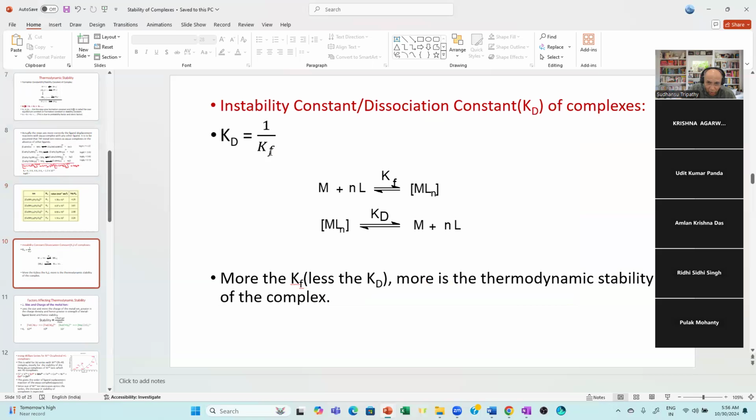Now, the reciprocal of the formation constant is called the dissociation constant or the instability constant. We have done a few problems in ionic equilibrium, formation constant, and then the opposite of that is the dissociation constant. So if the formation constant is high, then the dissociation constant is low.